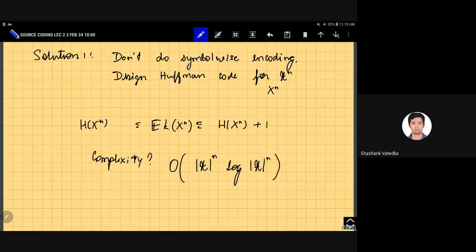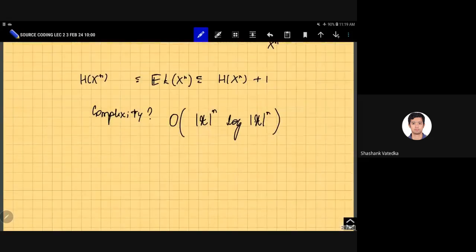So the complexity grows exponentially with n. And clearly, this is not acceptable. This is not a practical algorithm for large enough size.